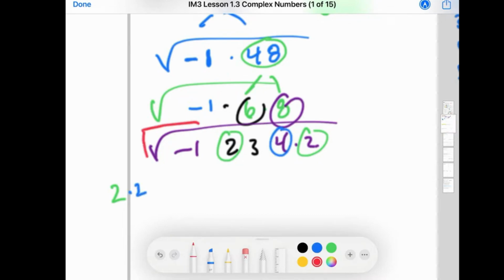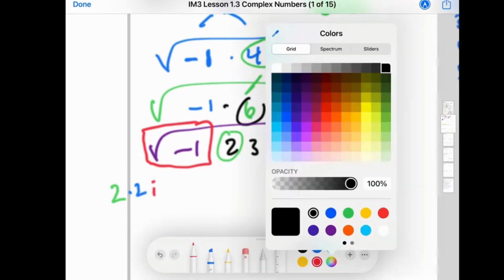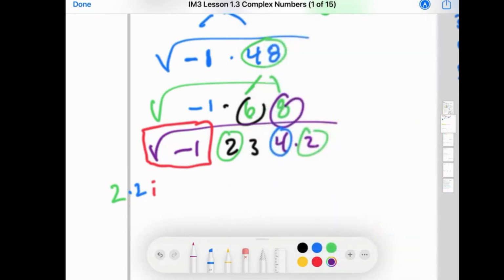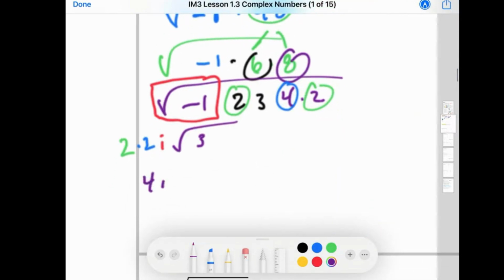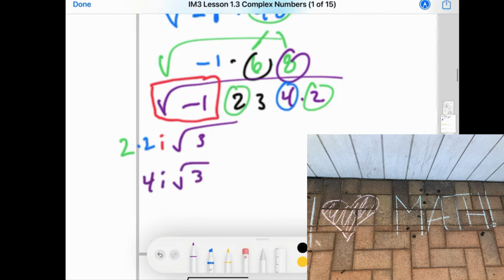And then what do pirates say? Pirates say, i is the square root of negative 1. So that's the square root of negative 1 equals i, okay? And then I just look at what's inside there, which is the 3. And then you can simplify that. That would be 4i radical 3 is your answer.